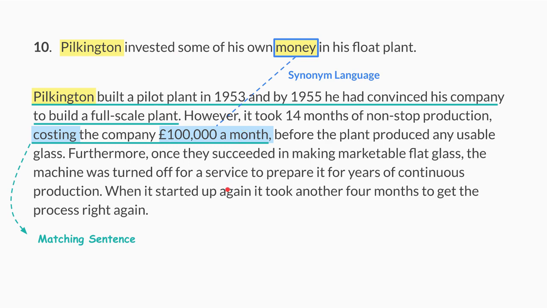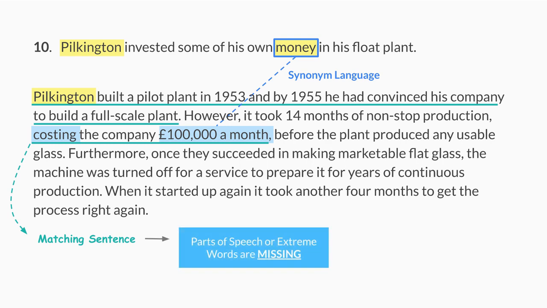The correct answer for this one is that the information is not given. See, this is why this is a tricky one. In this case, in reality, the parts of speech or extreme words are missing. It's simply missing. Guys, we do not know if Pilkington invested some of his own money or not.